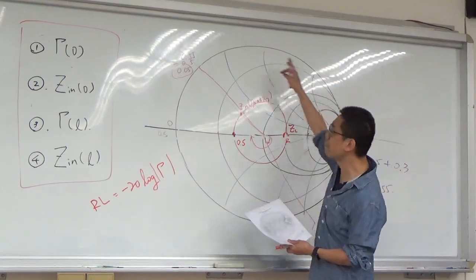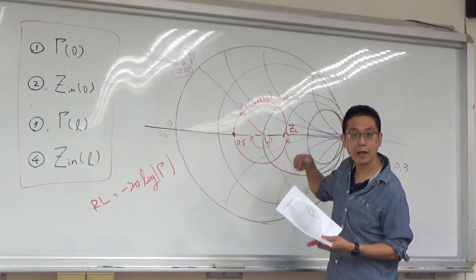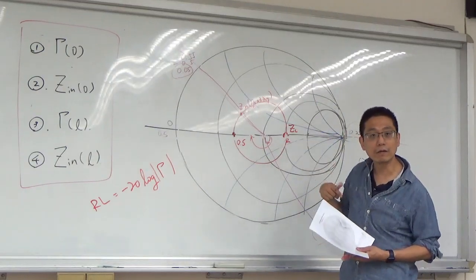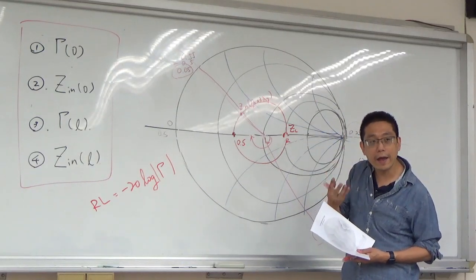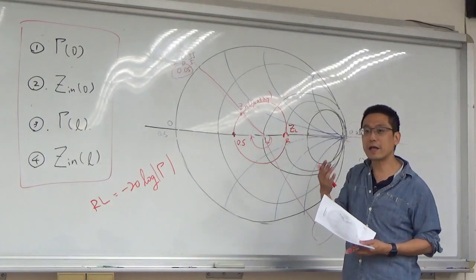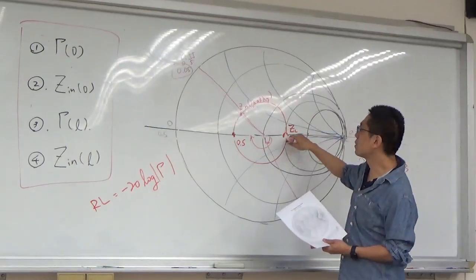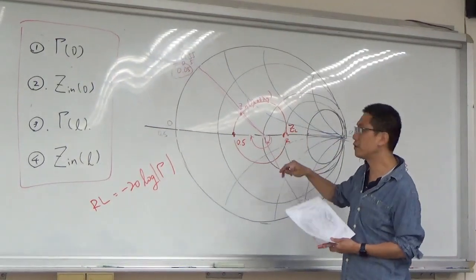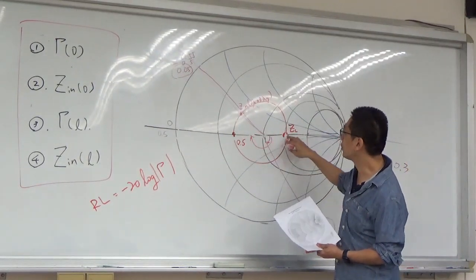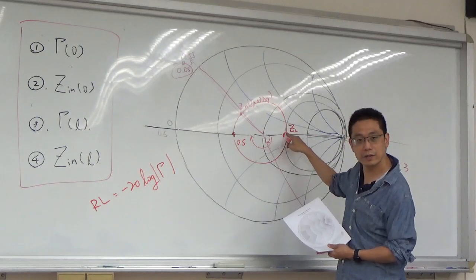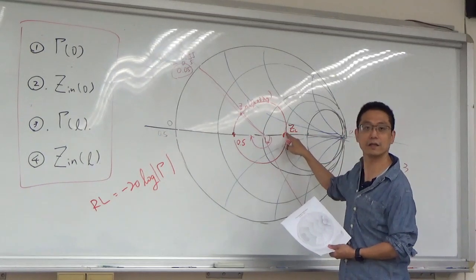According to the number on the outside circle, you can understand what the difference about the arc is between your ZL to Z in.